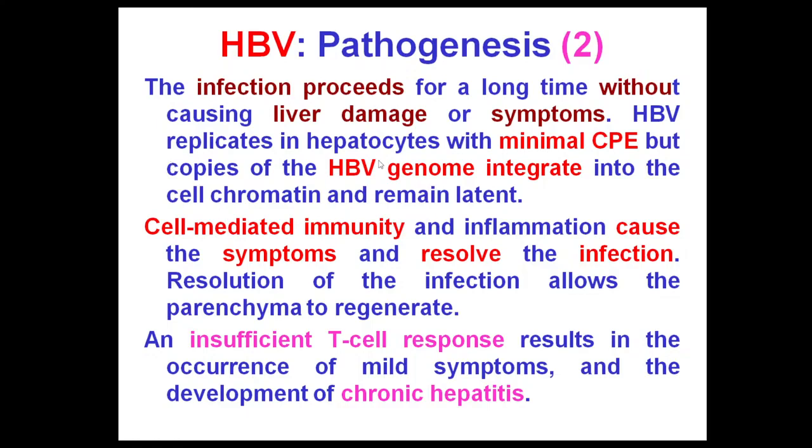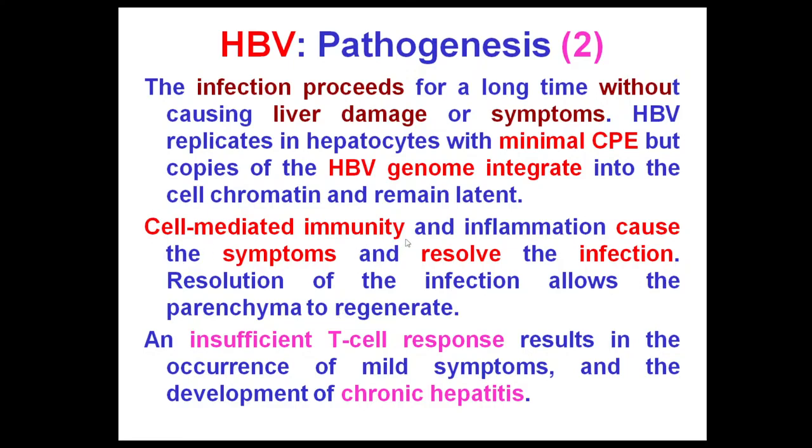But then the copies of the hepatitis B genome integrated into the cell chromosome may remain for a very long while. Cell-mediated immunity and inflammation cause the symptoms and the resolution of the infection. So what does it mean?